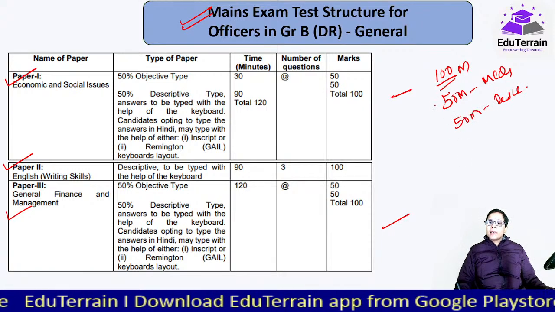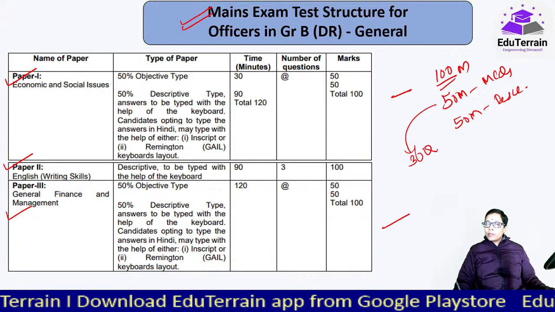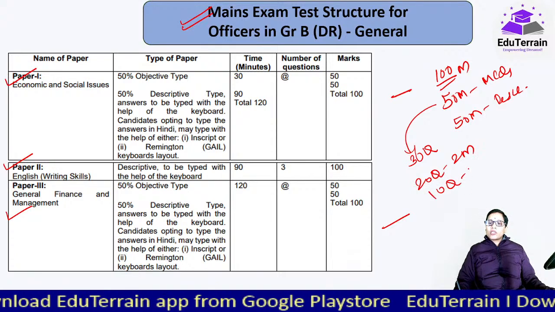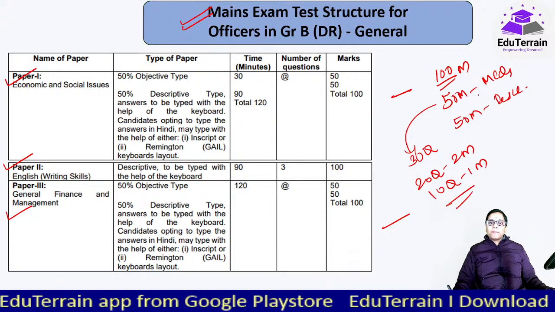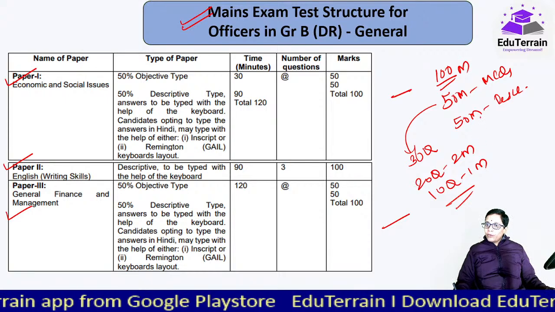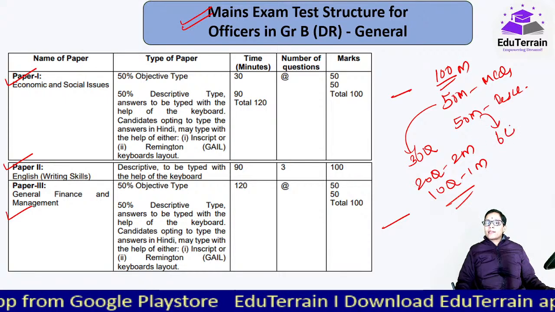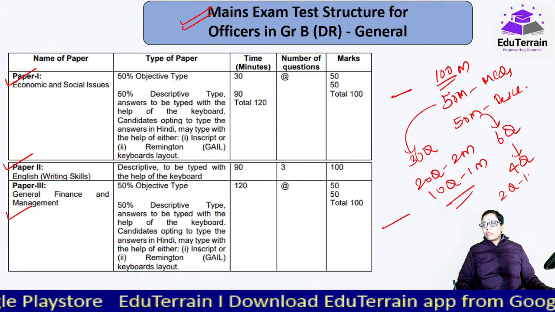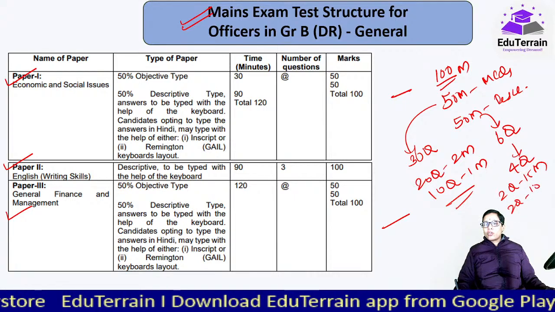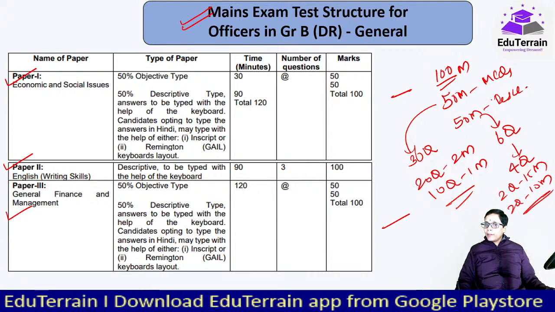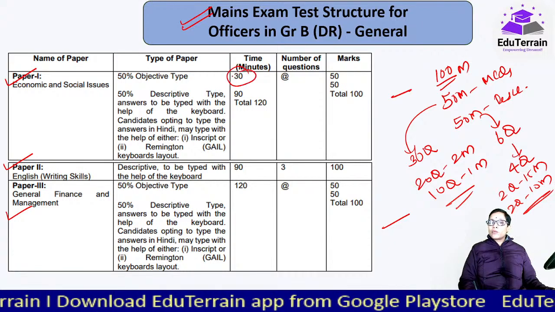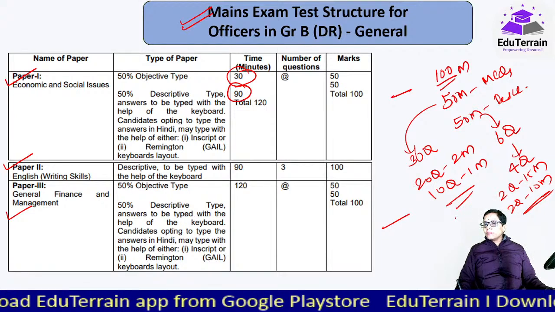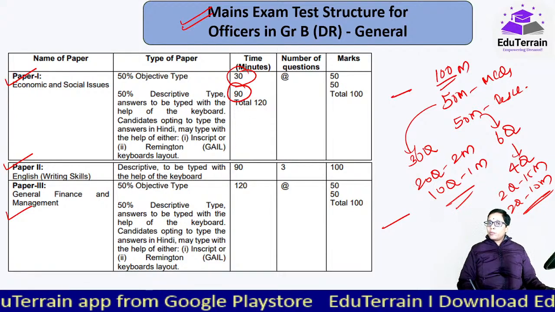In the MCQs, 30 questions would be there, of which 20 questions would be of 2 marks and 10 questions of 1 mark. In the descriptive part, you will be asked 6 questions, of which you have to answer 4: 2 questions of 15 marks and 2 questions of 10 marks. So total 100 marks, and you will be given 30 minutes for the objective part and 90 minutes for the descriptive part, for both.